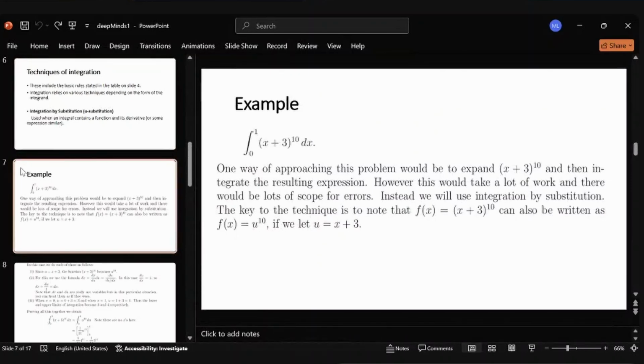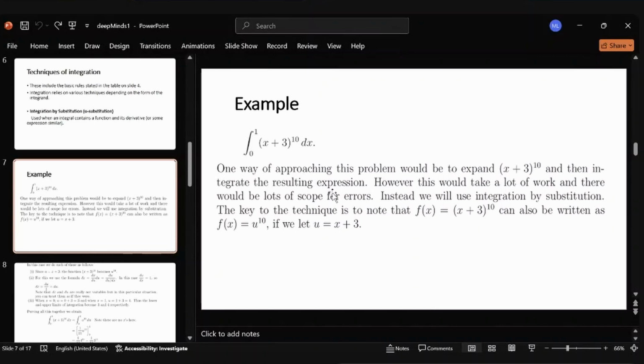Integration by substitution is used when the integral contains a function and its derivative. Or when we have an expression where expanding it, for example to the power 10, would be lengthy in working out the integral.